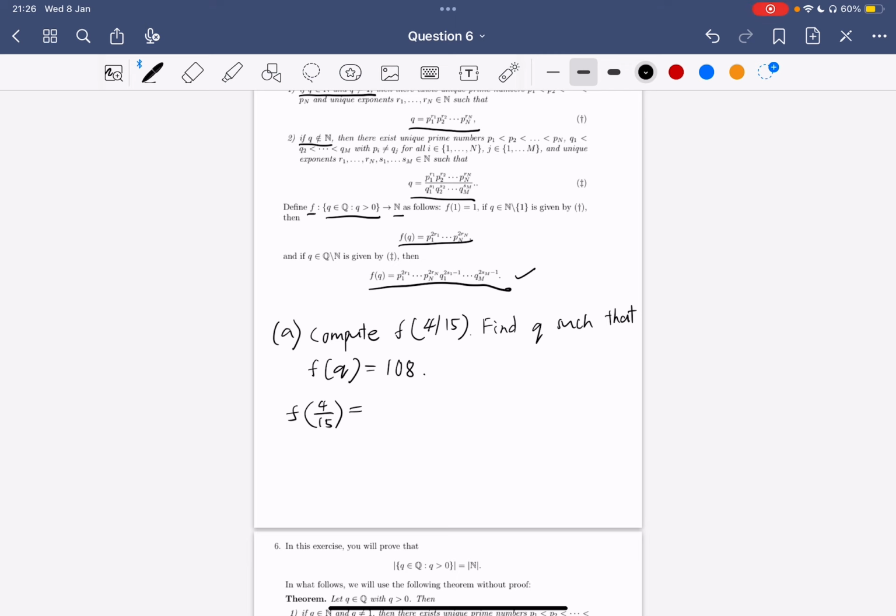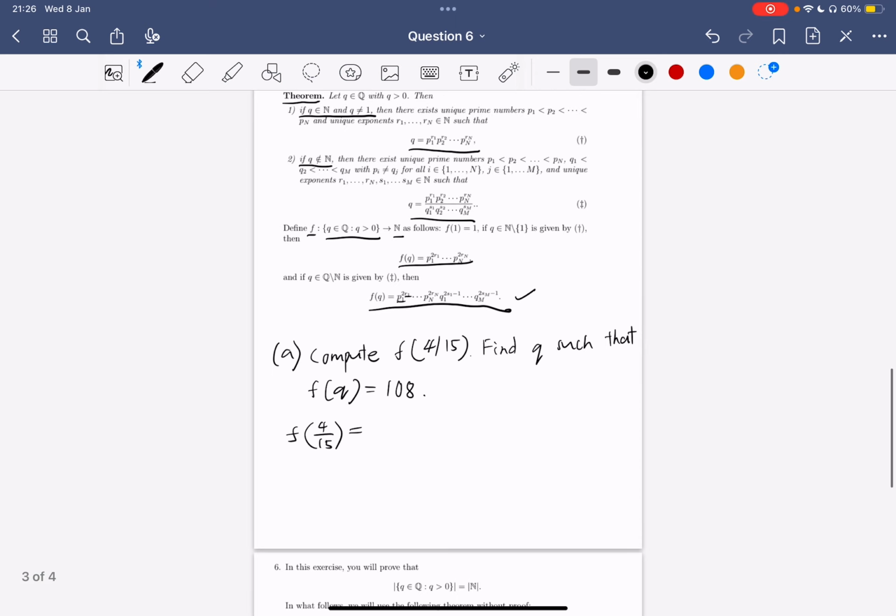So in order to use the second equation, we would have to get the exponents and the prime numbers of q, and we can do that by first factoring it into its prime numbers, which is given by this. Then we can sub that into the function f.